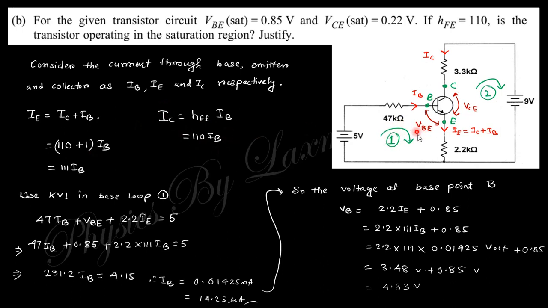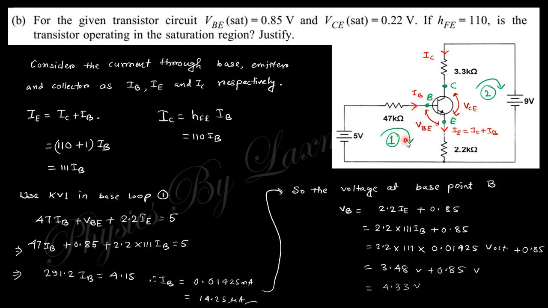Now use KVL in loop 1: 47 IB plus VBE plus 2.2 IE equals 5 volt. Replacing IE in terms of IB, 111 IB, you will get IB as 14.25 microampere, or 0.01425 milliampere.